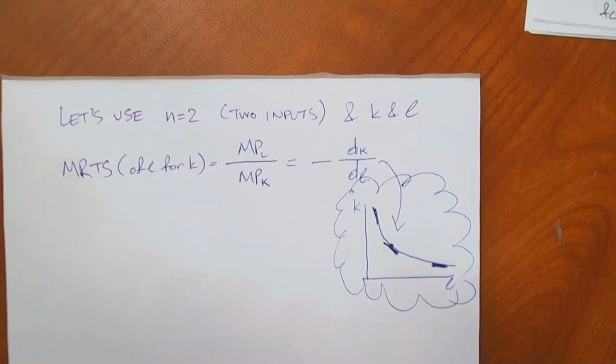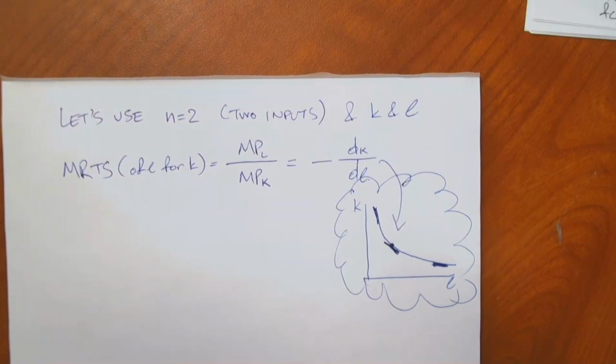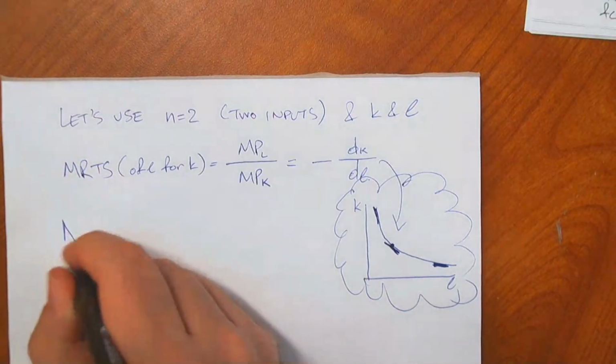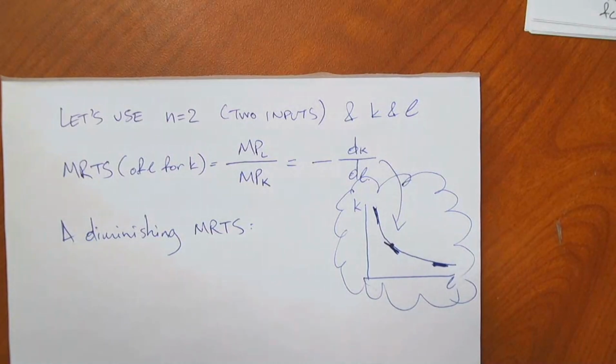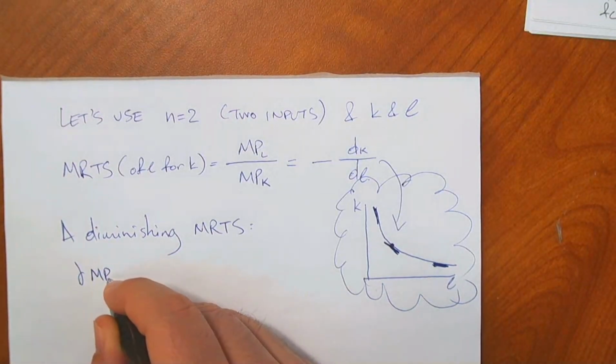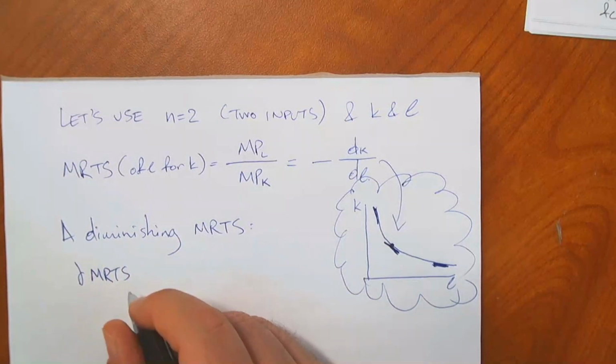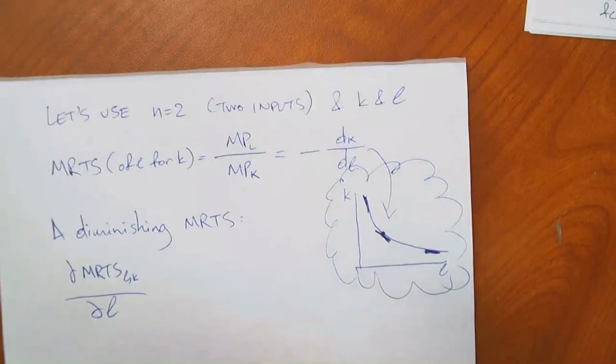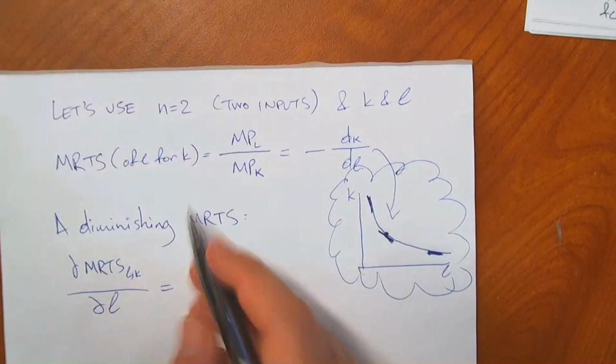Okay. You can do a variety of other calculations when you want to think about a diminishing MRTS. How would you do this analysis? Well, you would take the MRTS and take a derivative with respect to labor again. So if you wanted to look at how the MRTS slope changes along the isoquant, this is simply the derivative. What is the MRTS?